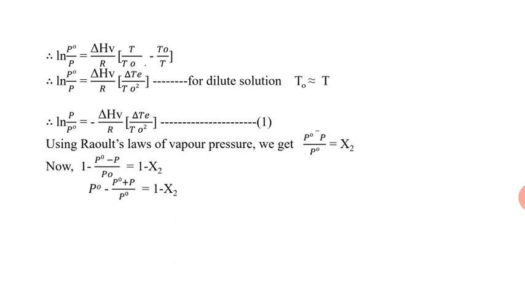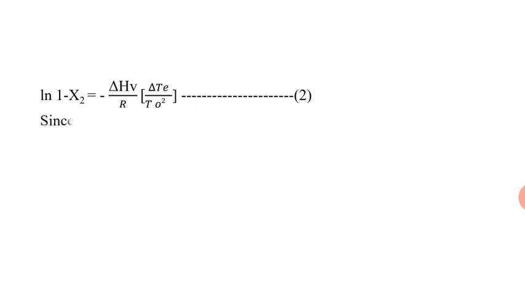Here plus P0 and minus P0 get cancelled, so P by P0 is equal to 1 minus x2. Therefore, equation 1 becomes ln(1 minus x2) is equal to minus delta Hv upon R into (delta T upon T0 square). This is our equation number 2.